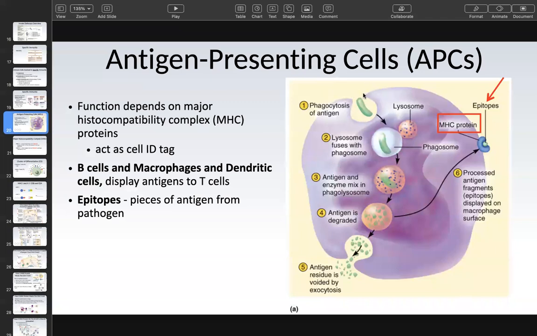It begins with phagocytosis. And then the pathogen passes through the lysosome. The lysosome breaks down the pathogen into its protein components, among other things, and then it presents that protein or part of that protein as an antigen on the surface of the cell as part of the major histocompatibility complex, often abbreviated MHC. And at that point, it's become known as an epitope.